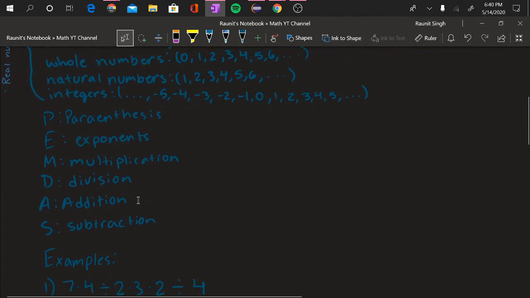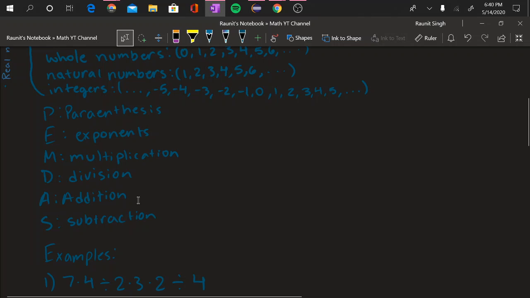Next we're going to talk about PEMDAS. Hopefully you know what this is, but if not, PEMDAS means parentheses, exponents, multiplication, division, addition, and subtraction. PEMDAS is an acronym that we use for order of operations.